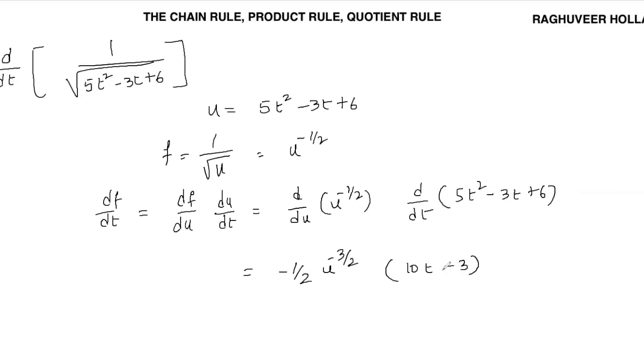So let us recall u as 5t square minus 3t plus 6. So that will be minus half, 10t minus 3 divided by, in the denominator, 5t square minus 3t plus 6 to the power of 3 by 2. So this is the solution.